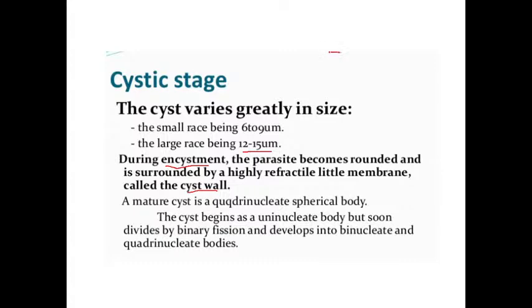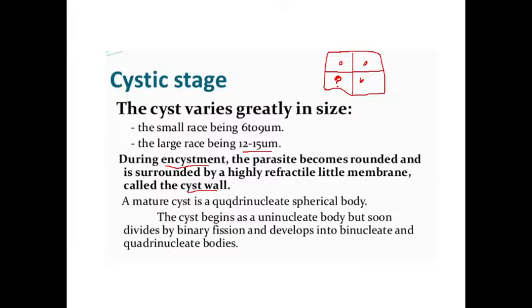Usually in the encysted condition you can see a multinucleate, usually four-nucleated or quadrinucleate, spherical body. The cyst begins as a small uninucleate body.